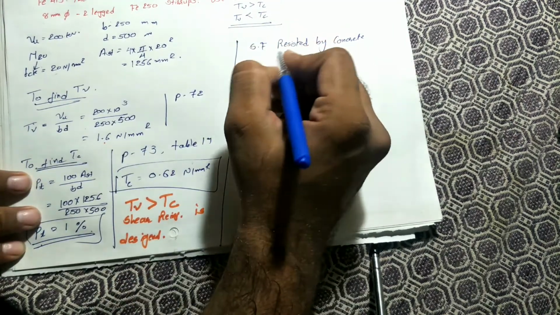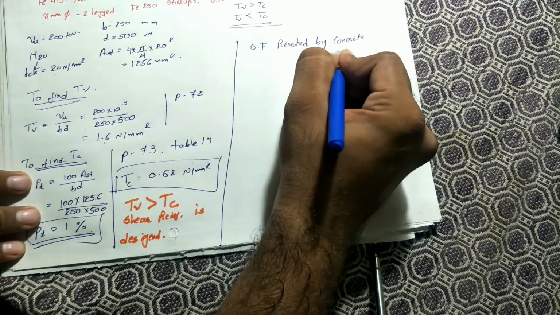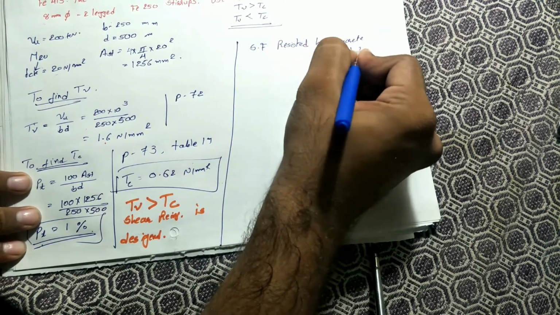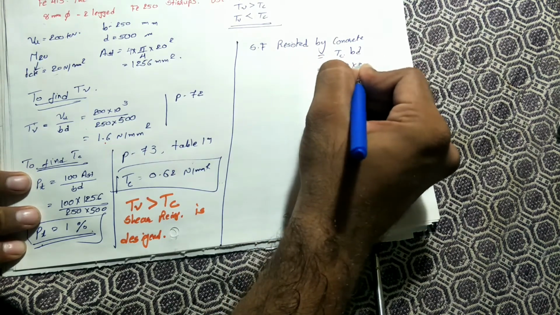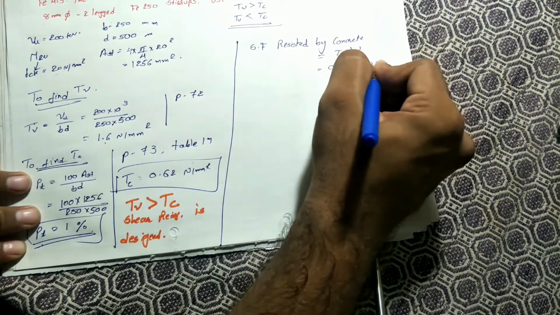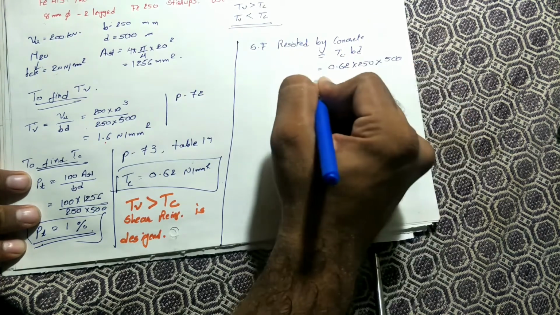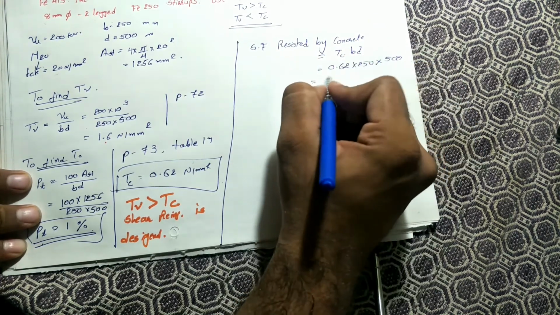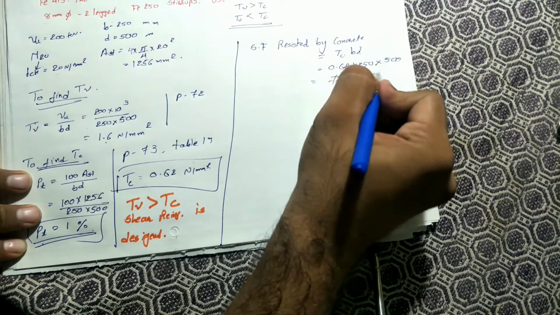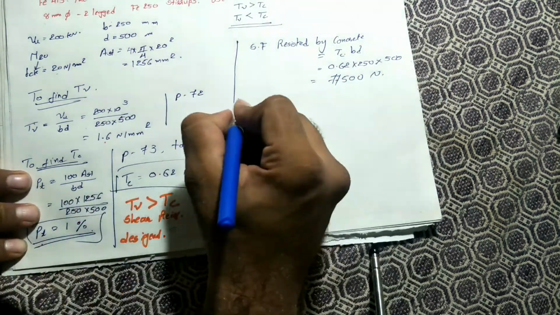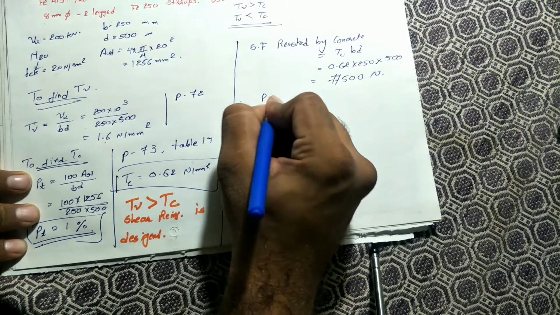That is equal to tau c into BD. So tau c is 0.62 into 250, B is 250 and D is 500. So the shear force resisted by concrete is 77500 Newton.